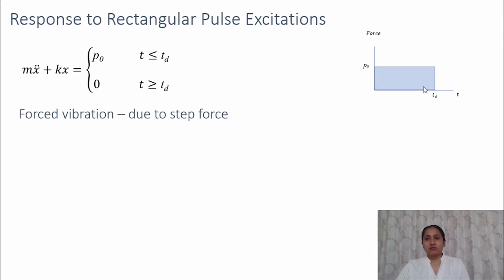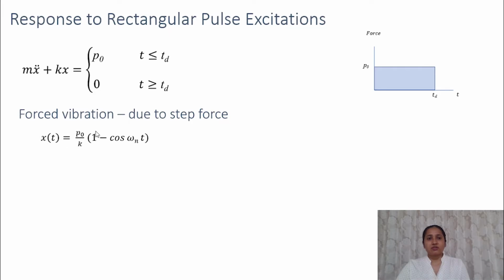When t is less than Td, that is during this pulse, the system will be under forced vibration. We can find the response as this. In the previous lectures, we have derived the response due to a step force. The same expression is valid when t is less than Td, because during the pulse, a step force is acting on the system.